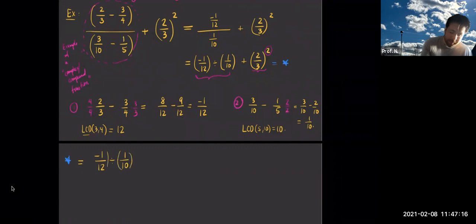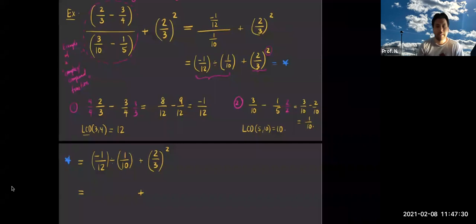And this becomes plus 2/3 squared. So when we exponentiate, what's 2/3 squared? If you take 2/3 and you square it, you get 4/9. Very good. And then when we take negative 1/12 and divide it by 1/10, what does that become?